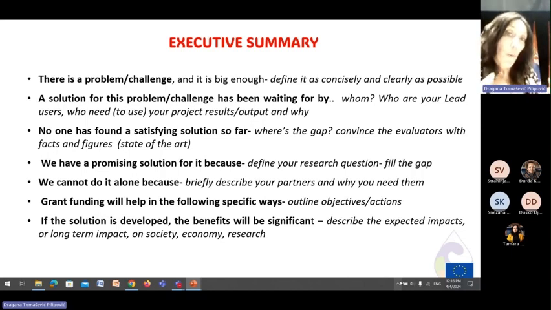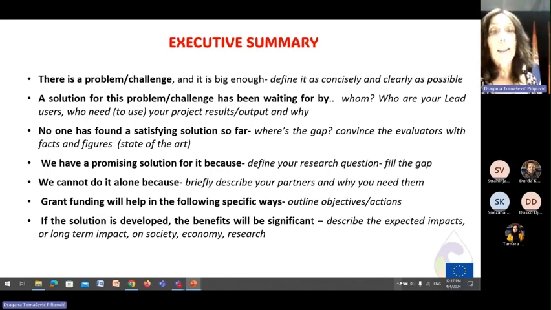Try to be concise, but you have to describe a little bit what you are doing in your proposal. You cannot do it alone. You need partners, so you present very briefly your partners. It's not necessary to mention them, especially now, because we have blind evaluation, so you cannot mention any partner, but just tell whether they are research performers, innovators, small medium enterprises, whatever.